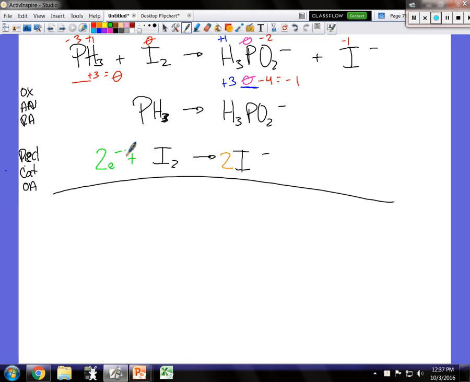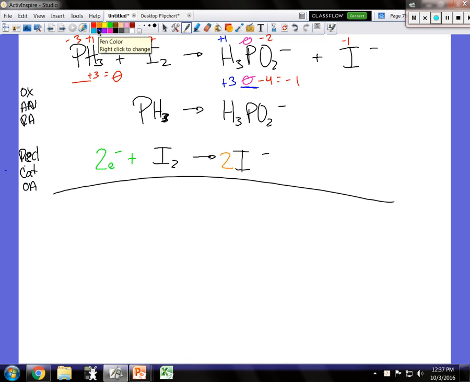Now let's go to the top one. This is going to be a little bit more challenging. Remember, the first step is to balance everything except the H's and O's. What's the only thing in your top half that's not an H or an O? The P. Are your P's balanced? Yes. Now let's move on. Next we want to balance the oxygens. How do I balance oxygens?